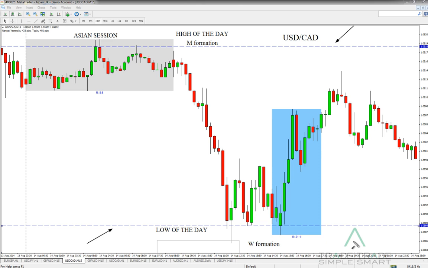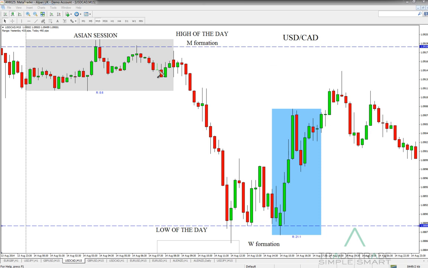One is to induce traders into the wrong side of the market, and the second is to trap volume. So if we look at the daily session for this day in question, we can see that we have the accumulation during the Asian session, and we can see from the price action that the high of the day also takes place during the Japanese session.